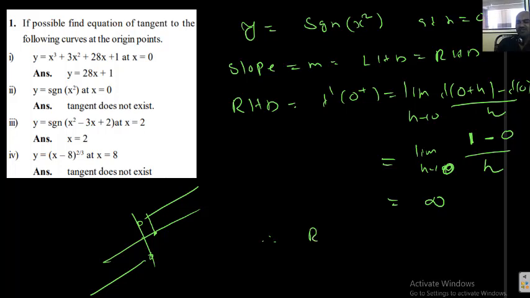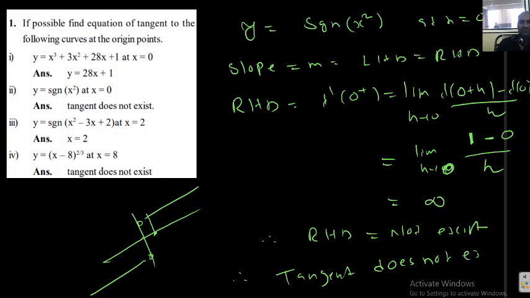RHD does not exist, means slope does not exist, means the tangent equation you can't find. Therefore the tangent does not exist at the point x equal to 0 for this problem. Okay, in this way you people can complete the third and fourth problems.